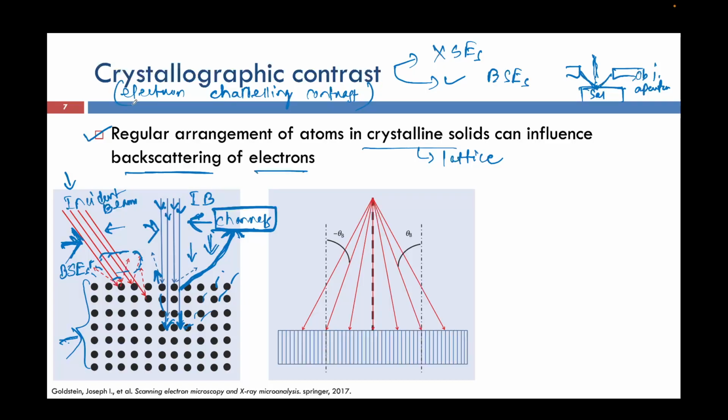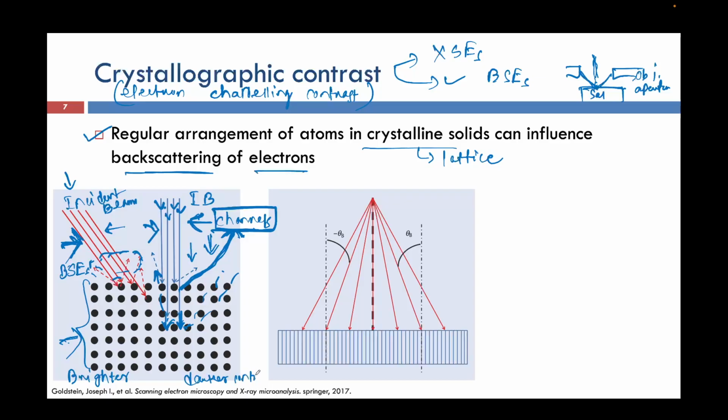Here also, the beam which is experiencing high atomic density on its path and the beam which is experiencing low atomic density on its path will give contrast. The red beam will give you brighter contrast, and the blue beam will give you a little bit darker contrast.